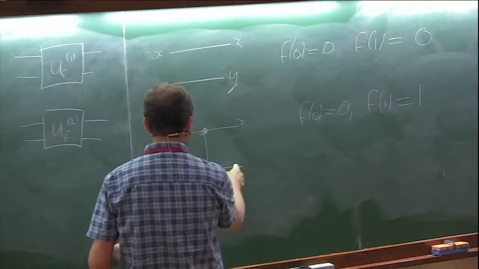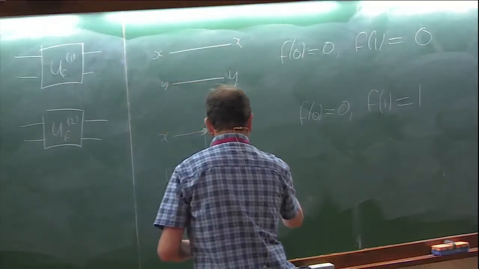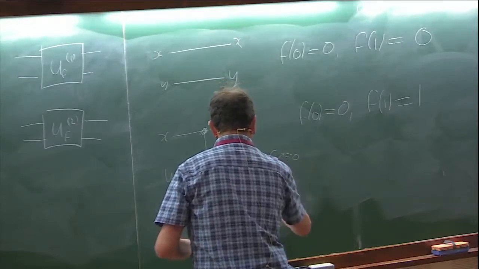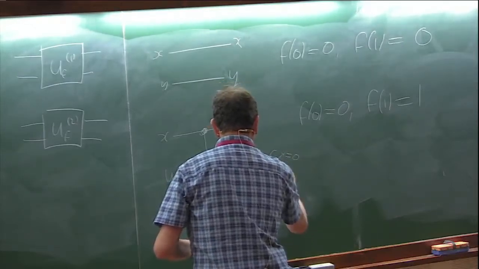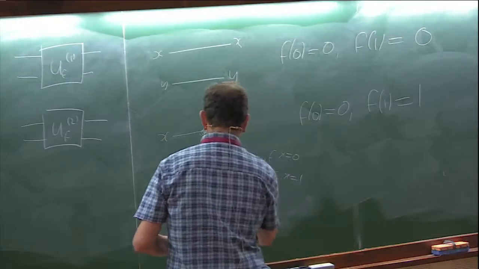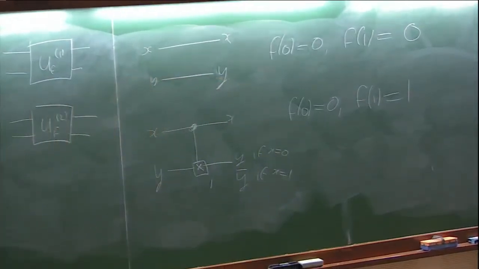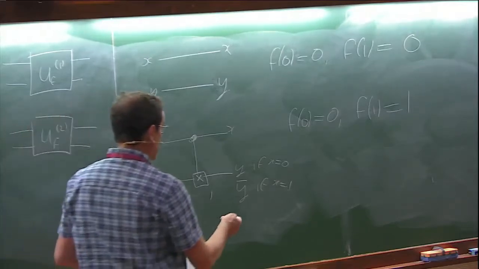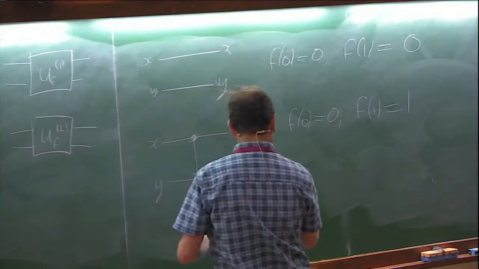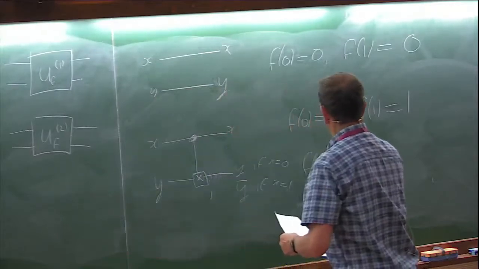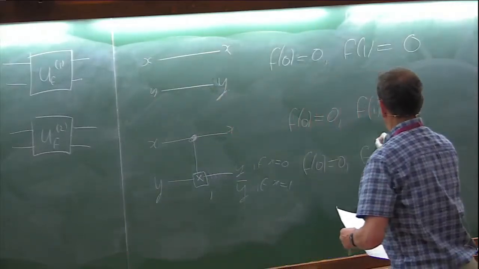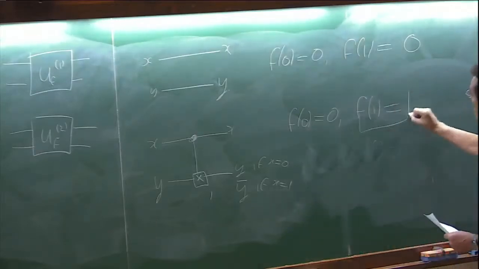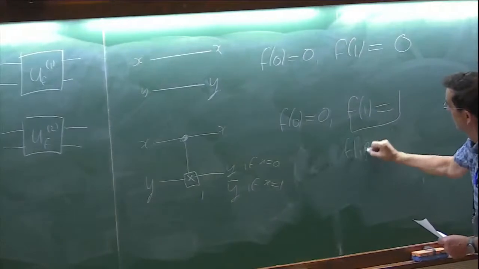So the output here is y if x equals 0, and the complement of y, the flipped y, if x equals 1. That's because of the controlled NOT or controlled X there. This is f of 0 equals 0, f of 1 equals 1, we already said that, sorry. So this means you flip y.